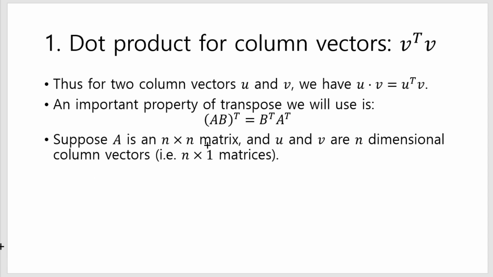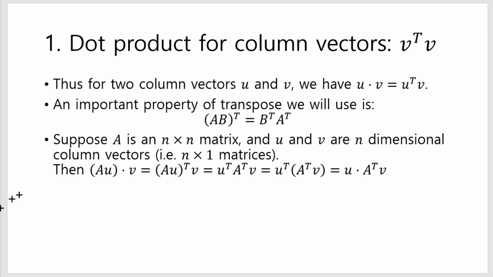Now suppose A is an n by n matrix and U and V are n-dimensional column vectors, in other words, n by 1 matrices. In that case, you can do the following calculation. You have AU dotted with V. A square matrix times a column vector will again be a column vector. So you're doing a dot product between two column vectors, and we just showed that you calculate it by taking the transpose of one times the other vector.